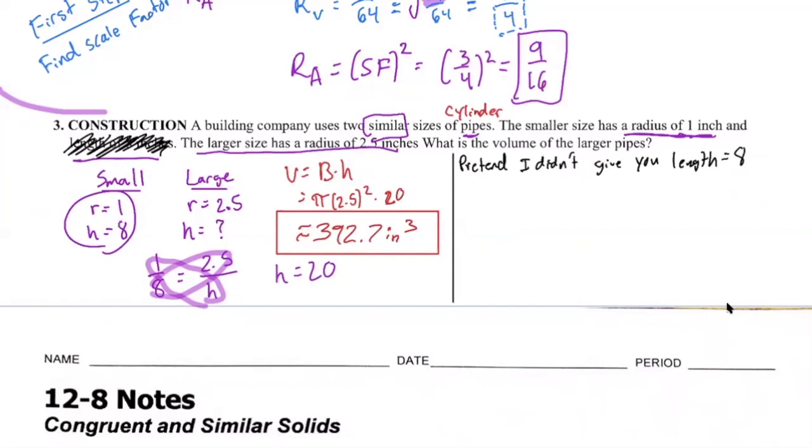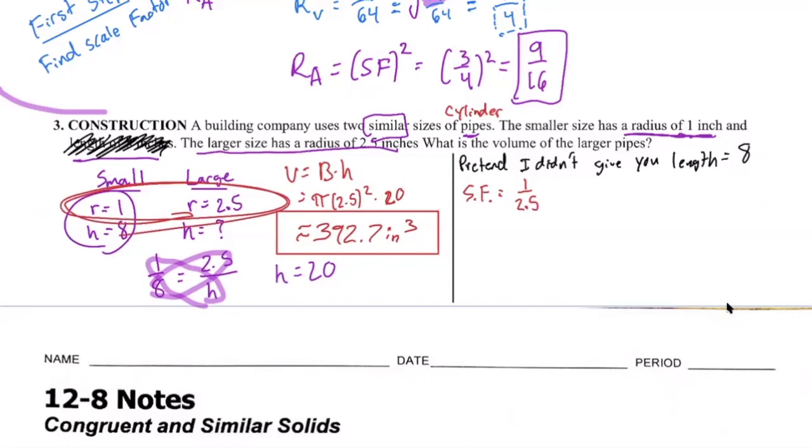So what I can do here is, I know my scale factor. My scale factor is going to be 1/2.5, because the radius is 1 and the other one is 2.5. That's the scale factor that I'm working with.